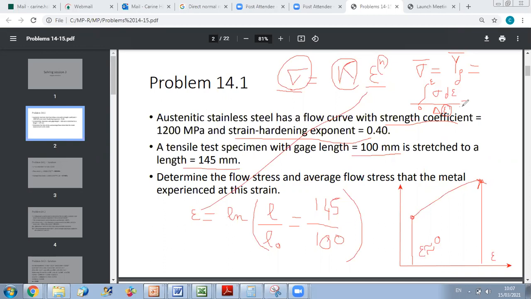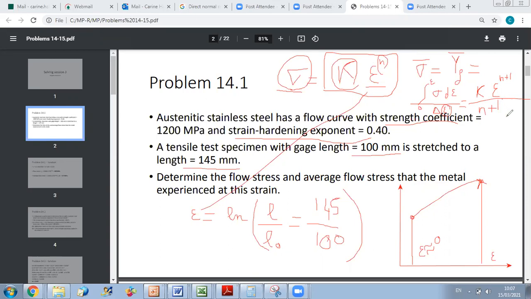Since sigma is given in the strain hardening zone as a function of epsilon, sigma is k times epsilon to the power n, then when integrating this formula, I get k epsilon to the power n plus 1 over n plus 1 times epsilon.